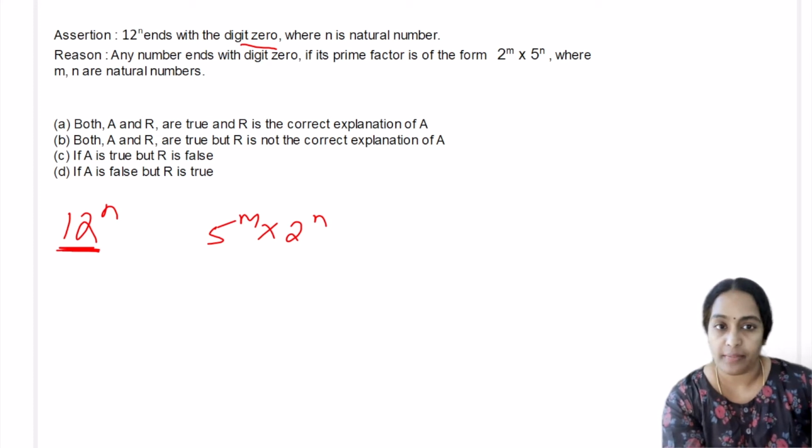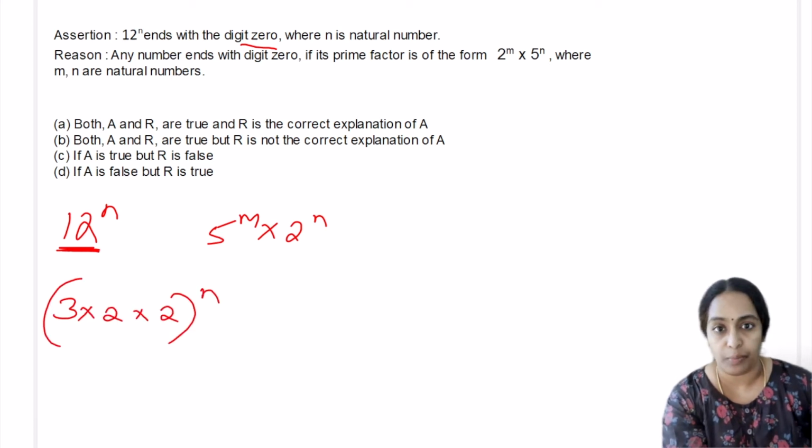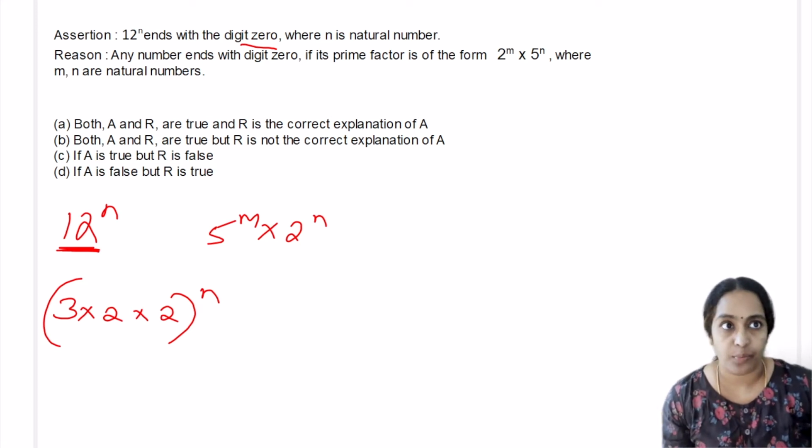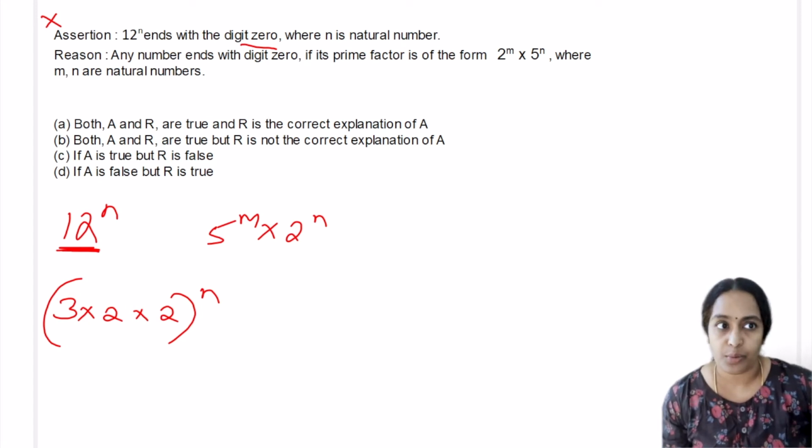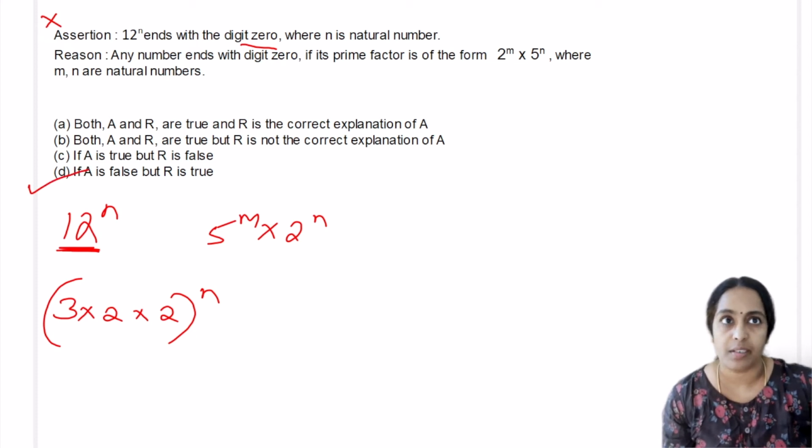Now what are the factors of 12? 3 into 2 into 2. So this 3 into 2 into 2, the whole power n, can definitely not end with digit 0. So assertion is a false statement. Reason: any number that ends with digit 0, its prime factor... So this is what I just said. So this is a true statement. So option D. Assertion is false, reason is true.